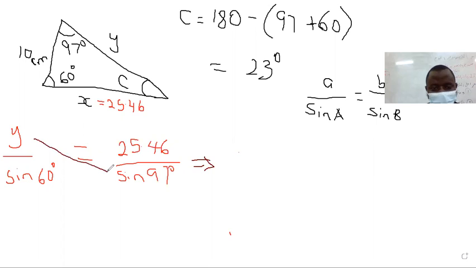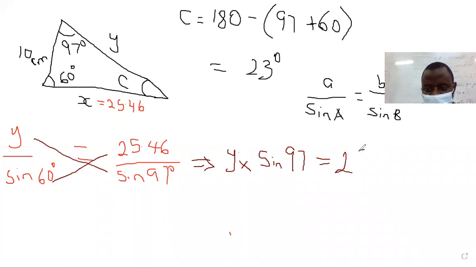Y multiply sine 97 is equal to 25.46 multiply sine 60 degree.